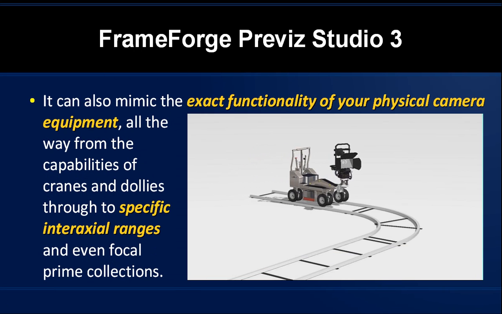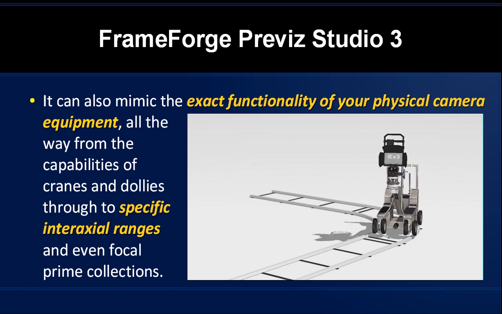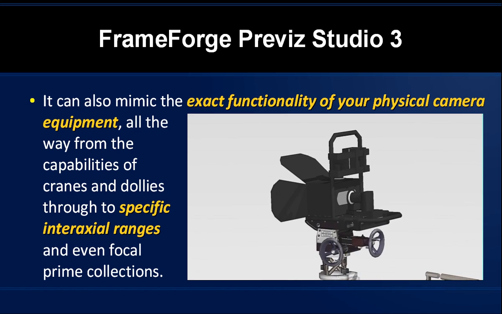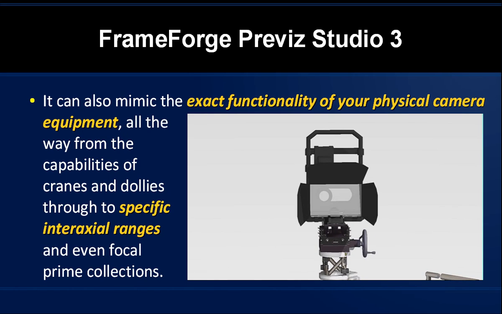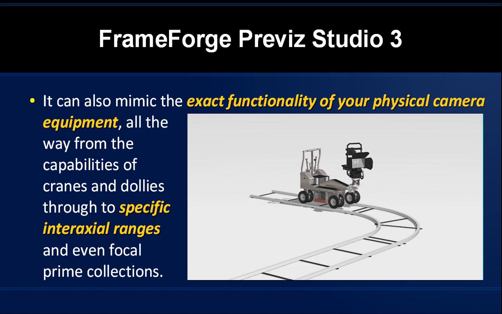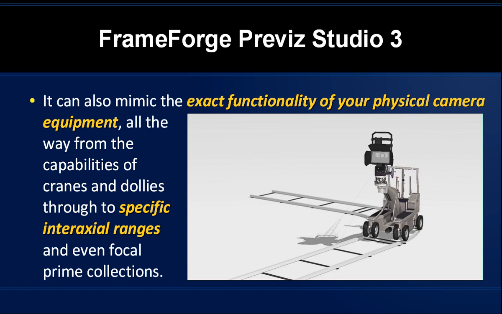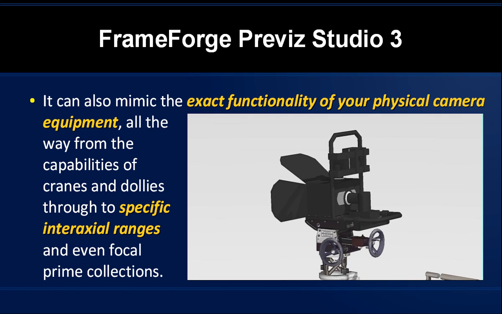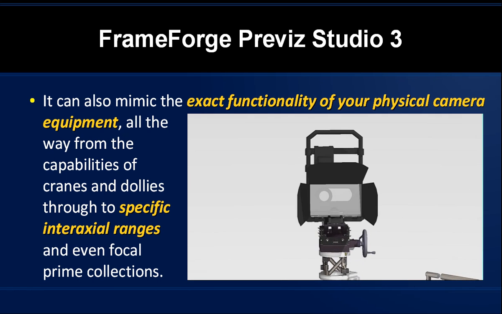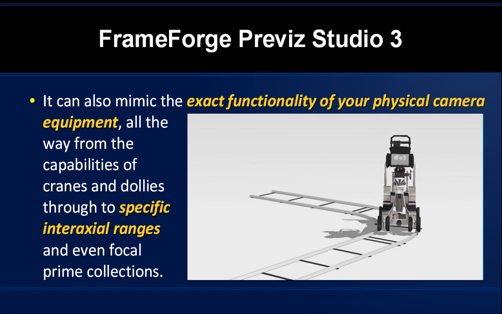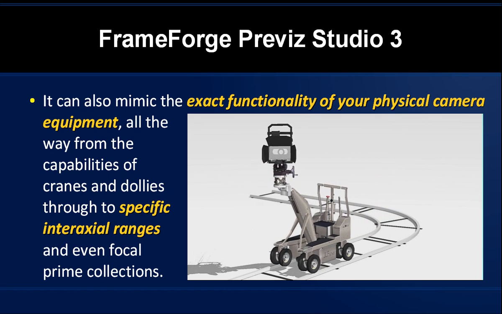Of course, it also mimics the exact functionality of your physical camera equipment, which means that if you're using a dolly like this or a tripod or whatnot, it's only going to allow you to crane as high as that piece can go. For a stereo rig, you can set the parameters of what your interaxial range is, all of those kinds of things, and it will limit you to the capabilities of the equipment you're using.